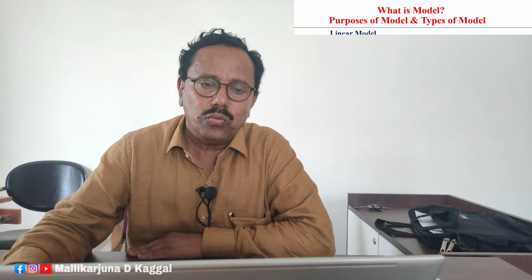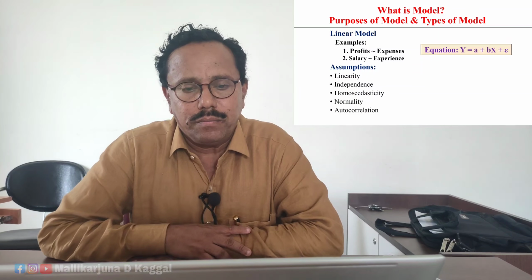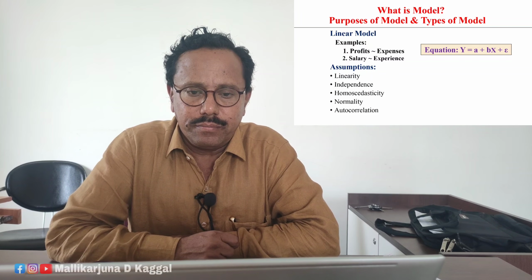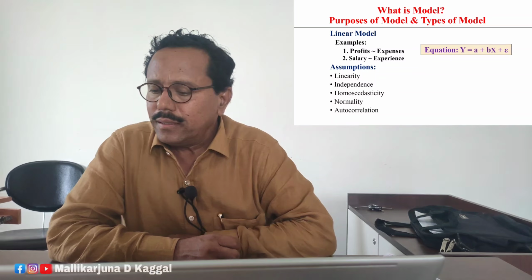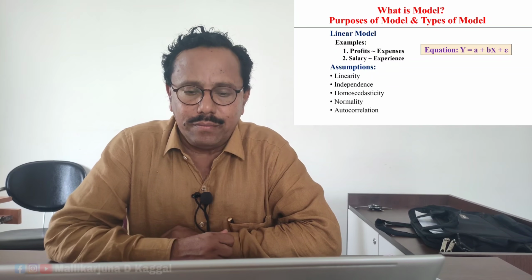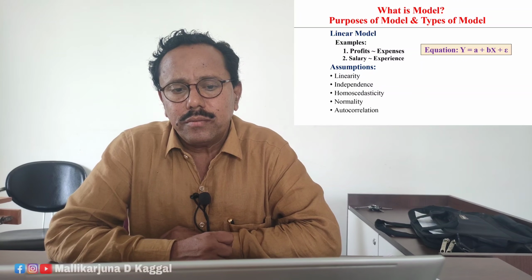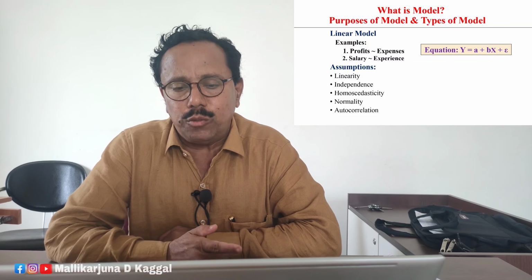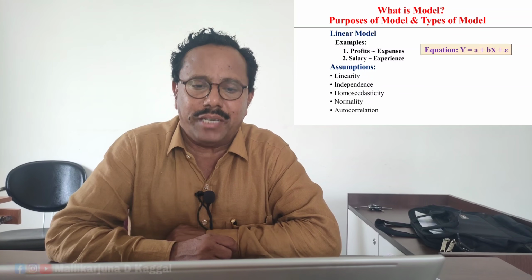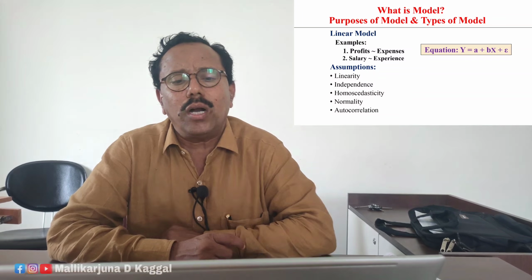Let us come first to, what is a model? A model is nothing but a simplified representation of a reality which is used for explaining, for predicting, and for understanding a phenomenon. This is called a model.